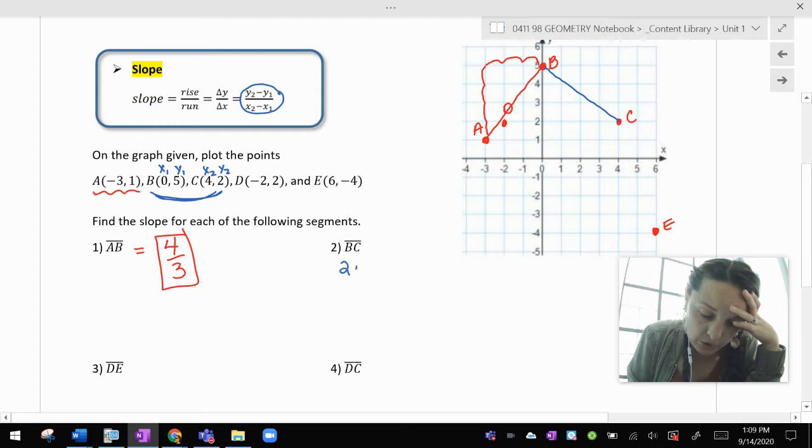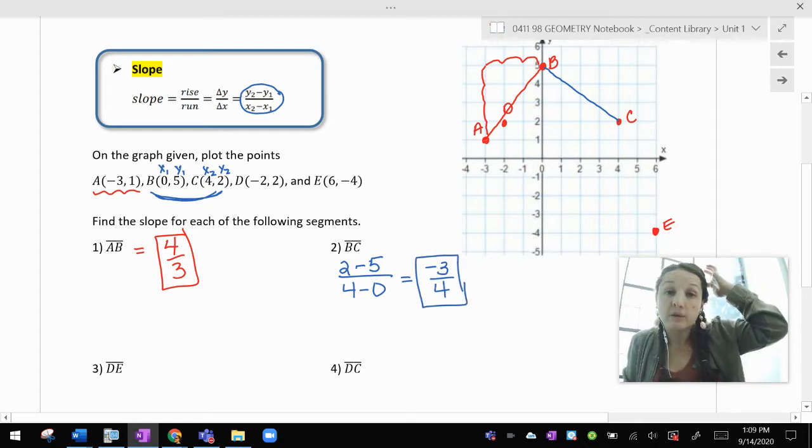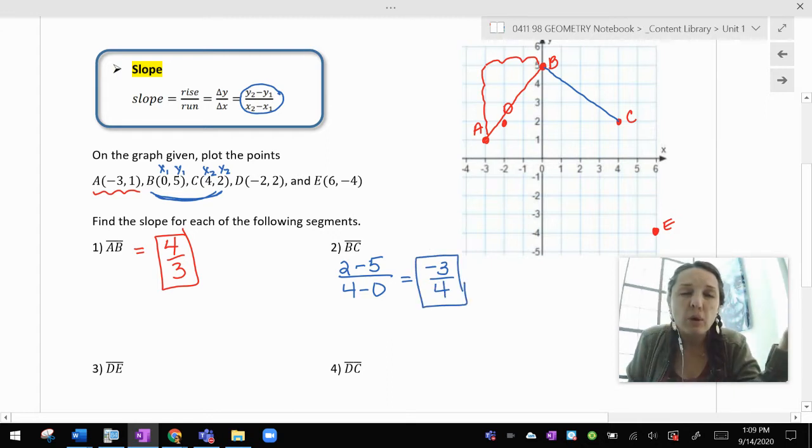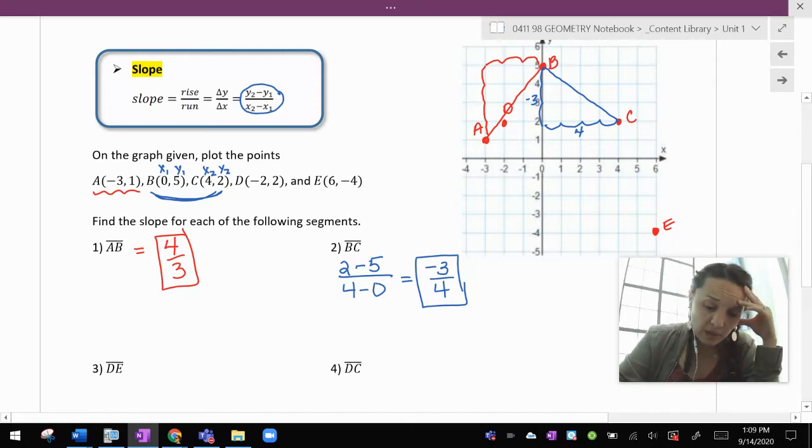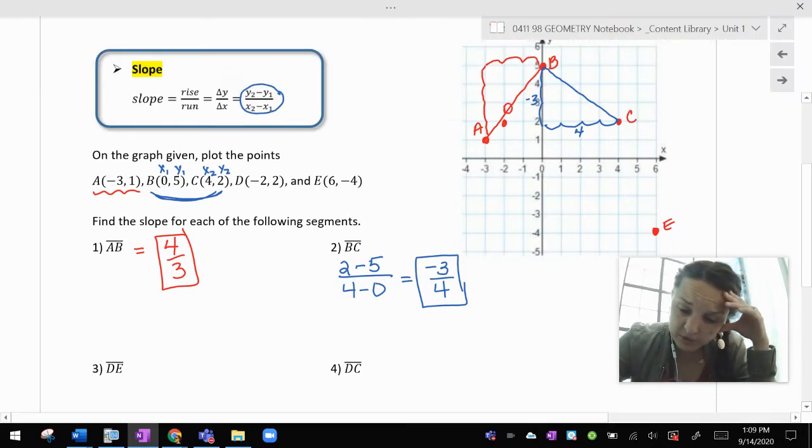So I would have 2 minus 5 over 4 minus 0, which is negative 3/4. And that is negative. But you might be thinking, why would you do all that? You can just count it. Rise, run. I went down 3, right 4. Negative 3/4.